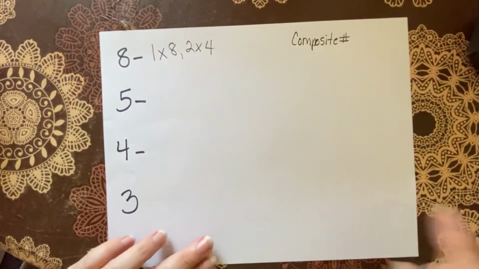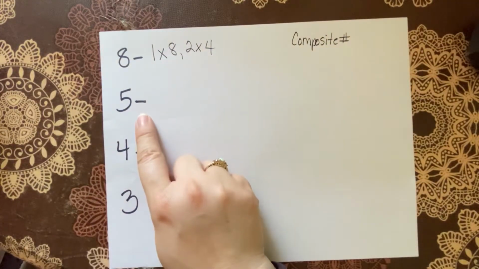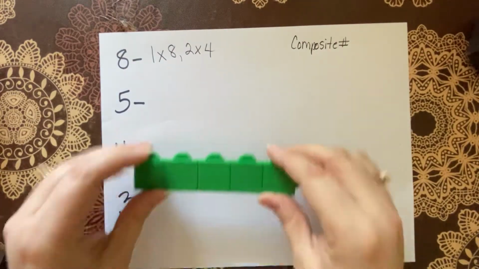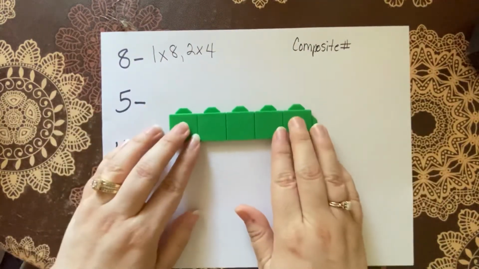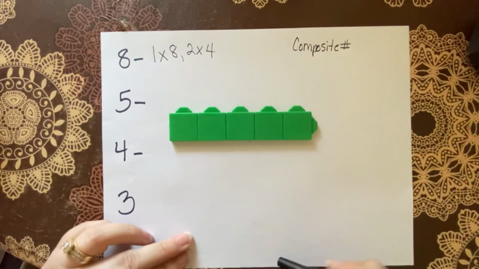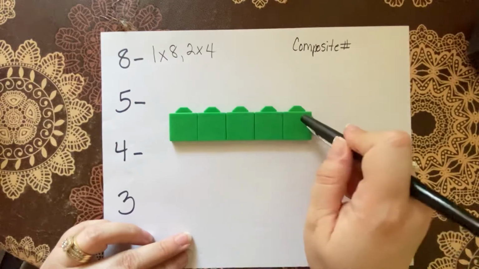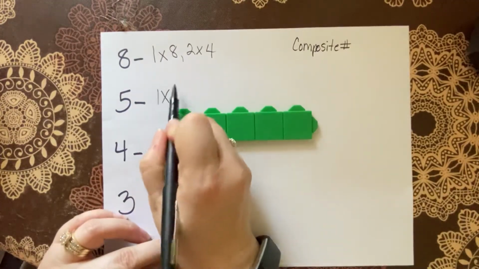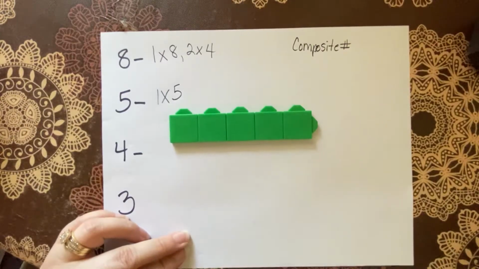The next number I want to prove is 5. When I made an array for 5, I had this, sometimes when they're like this, we call them a train. So I had this train. 1, 2, 3, 4, 5. Okay, so I know 1 times 5 makes 5.